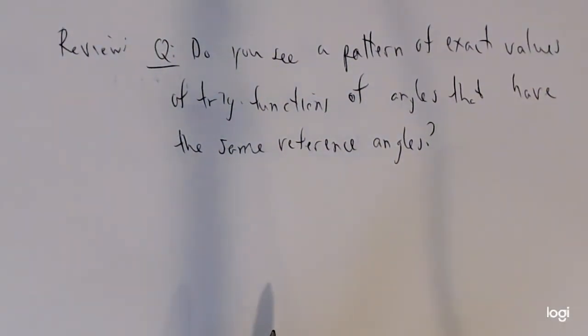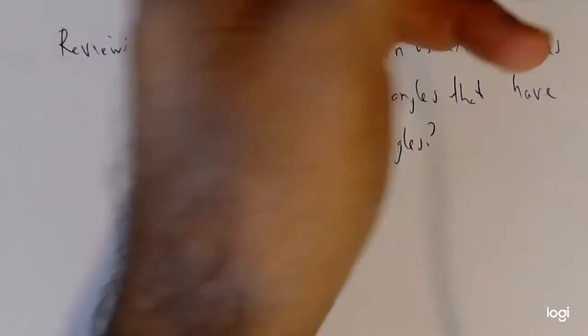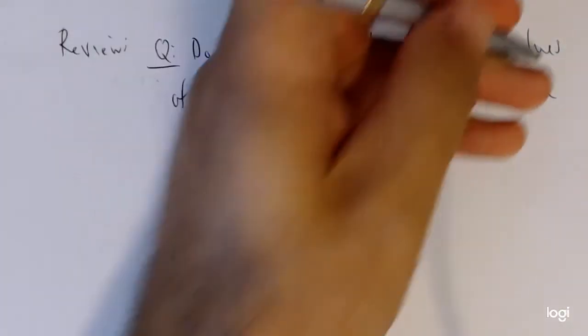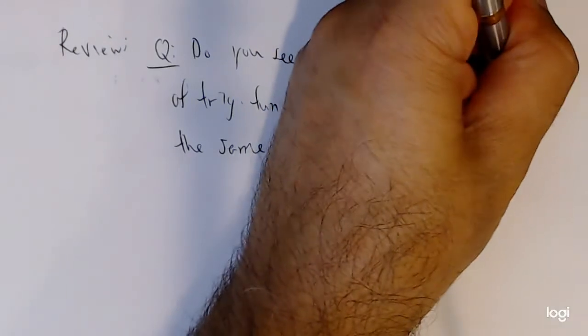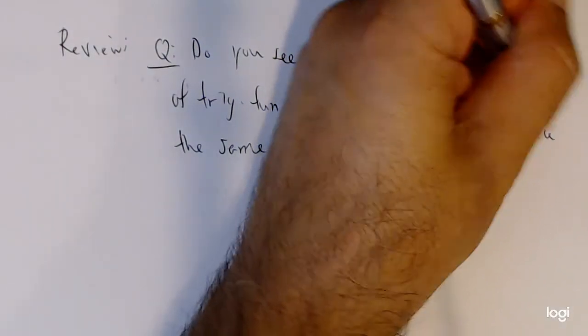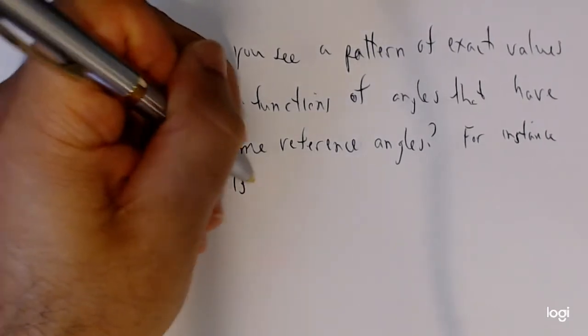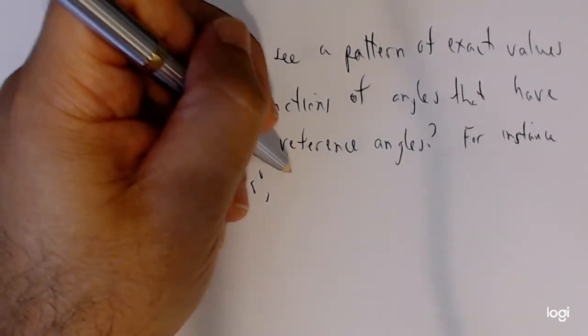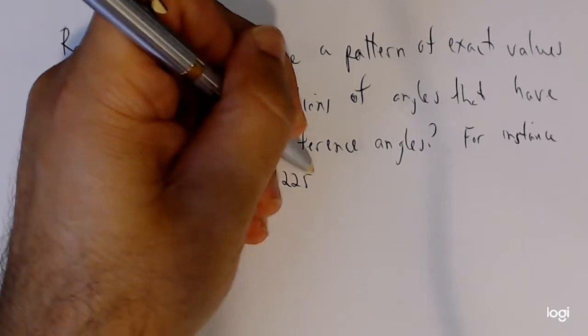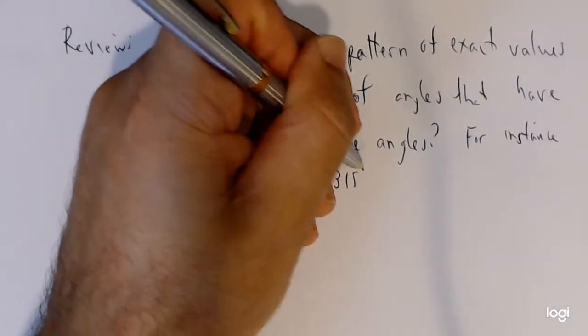Because if you remember, reference angles were important in the previous chapter when we were working with larger angles. So for instance, my question to you is, what do you notice about the exact values of 45 degrees, 135 degrees, 225 degrees, and 315 degrees?